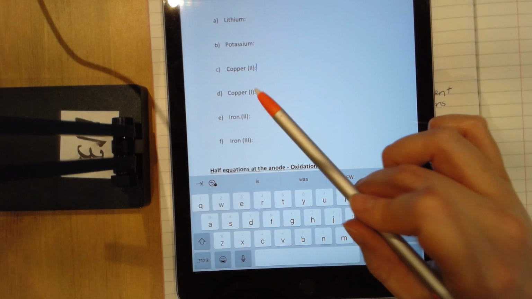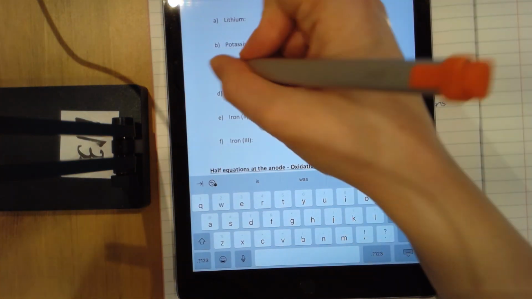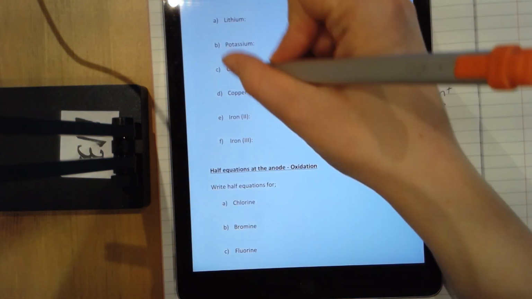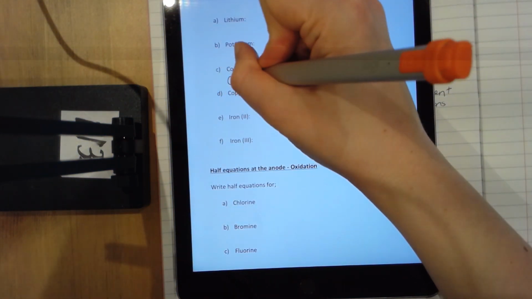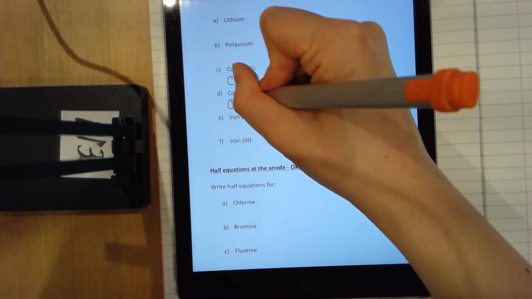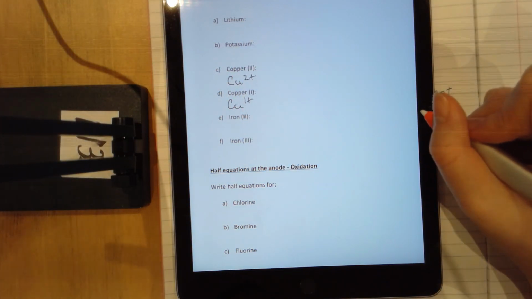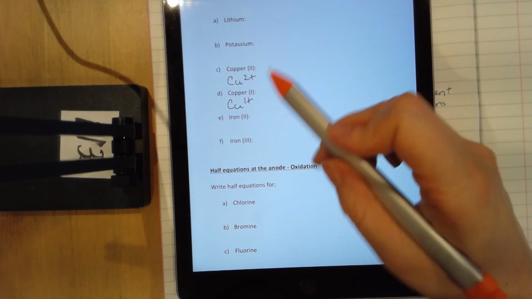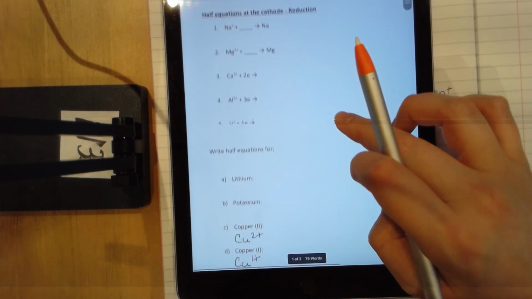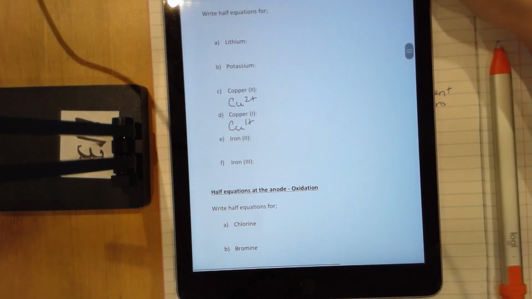Remember, metals are always positive. So I know it's going to be positive, and the fact that it's got a 2 next to it tells me it's copper 2+. The fact that it's got a 1 here tells me it's copper with a 1+ charge. So it's always going to be positive. The Roman numerals will tell you the charge. So have a go at those ones for yourself, and then check the next video for the answers.